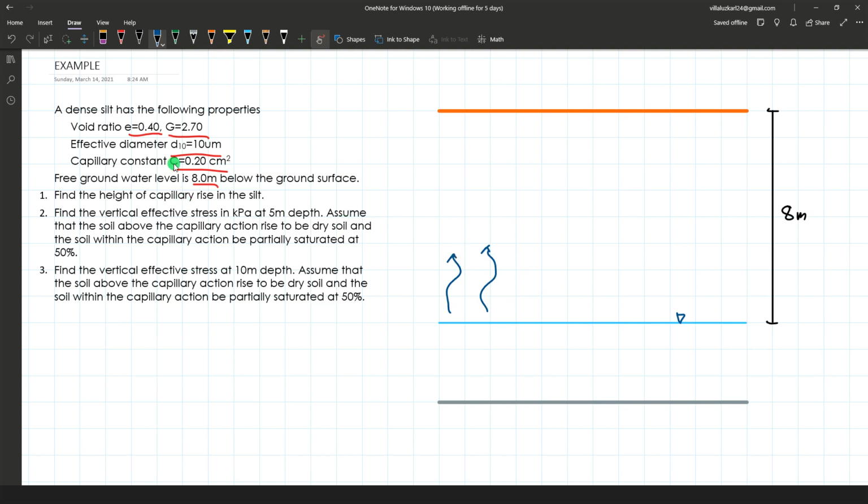Number two, find the vertical effective stress in kilopascals at 5 meters depth. From the ground surface, we will measure 5 meters, so 2, 3, 4, 5, let's say right here, that's point A. We will determine the vertical effective stress in kilopascals at this 5 meters depth.